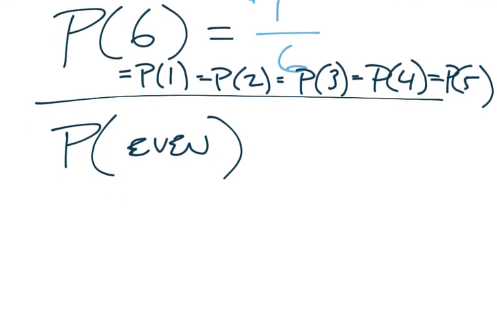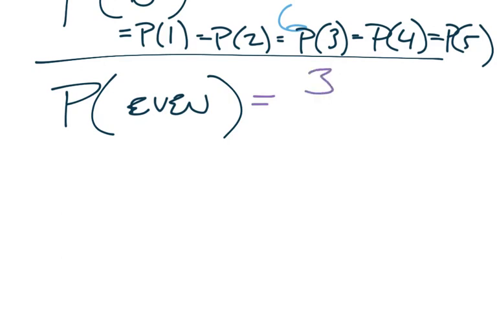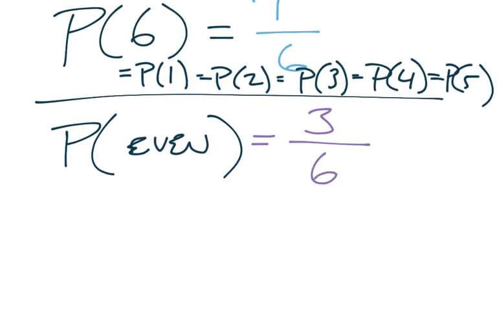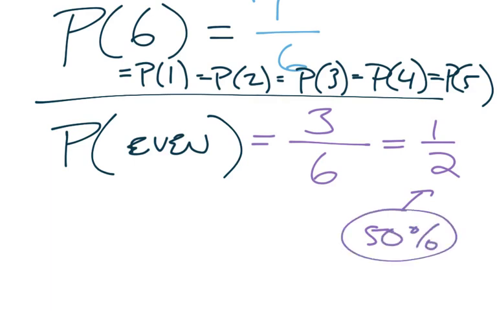So there are 3 even numbers in our sample space, and there are, again, 6 total events. Therefore, the probability should be 3 divided by 6, which is 1/2. I haven't really been playing this up, but you can think of this as a 50% chance that you roll a die and get an even number as an outcome.